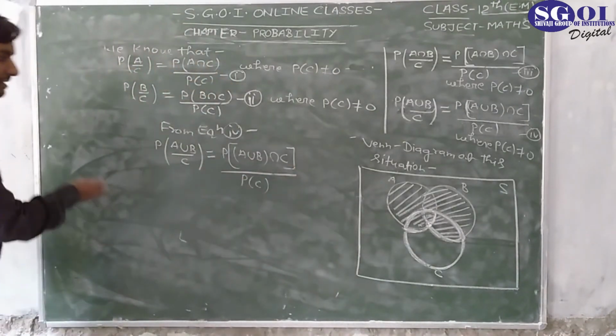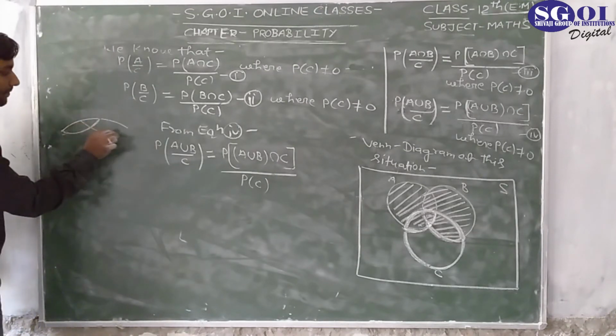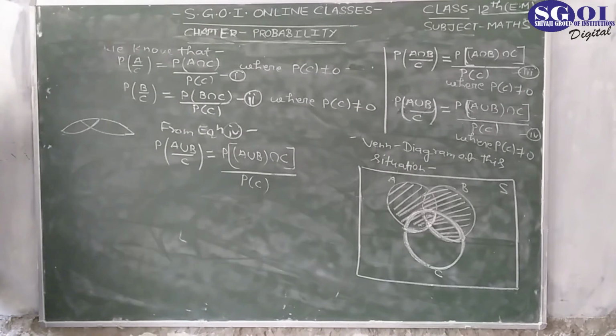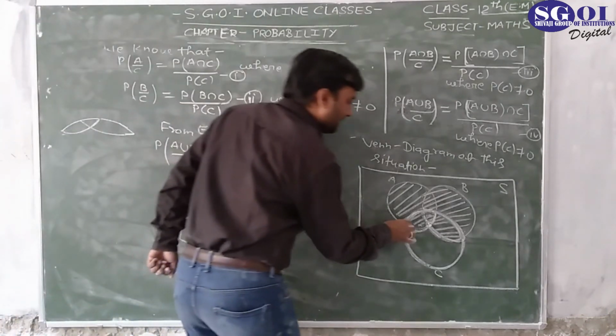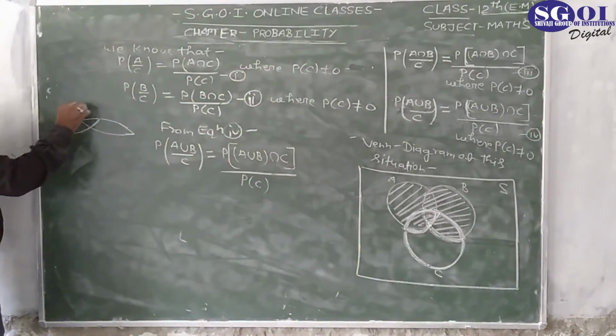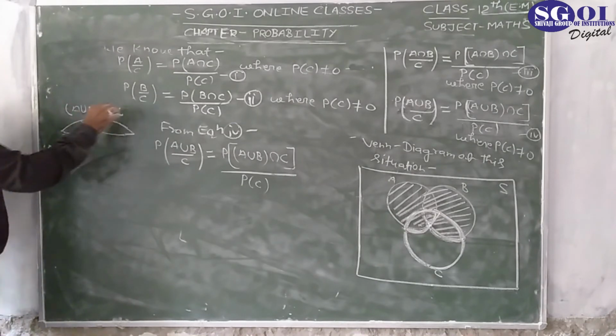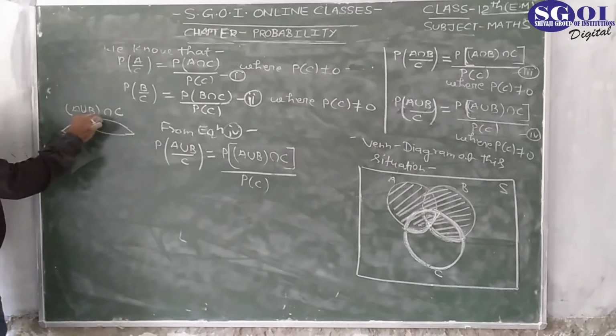Now, if I cut this portion like this, this portion is made by two parts, this part and this part. So I will find what is this part and what is this part.